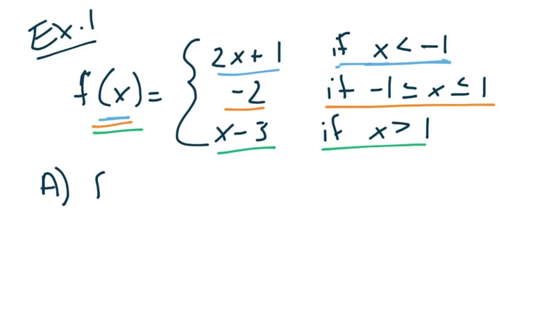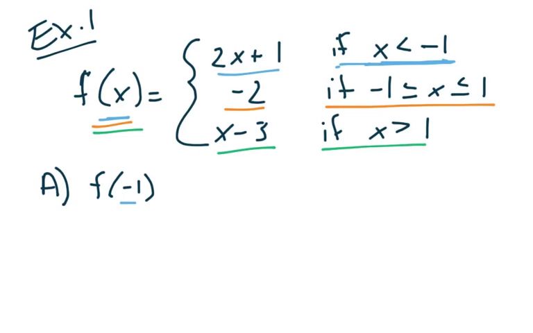So let's do part A. Part A says I want to find f of negative 1. So the first thing I have to do is decide which piece I'm going to use. So I look at this and I say, does negative 1 fit in this top one where it says x is less than negative 1? Well, the answer is no, because it's not less than negative 1.